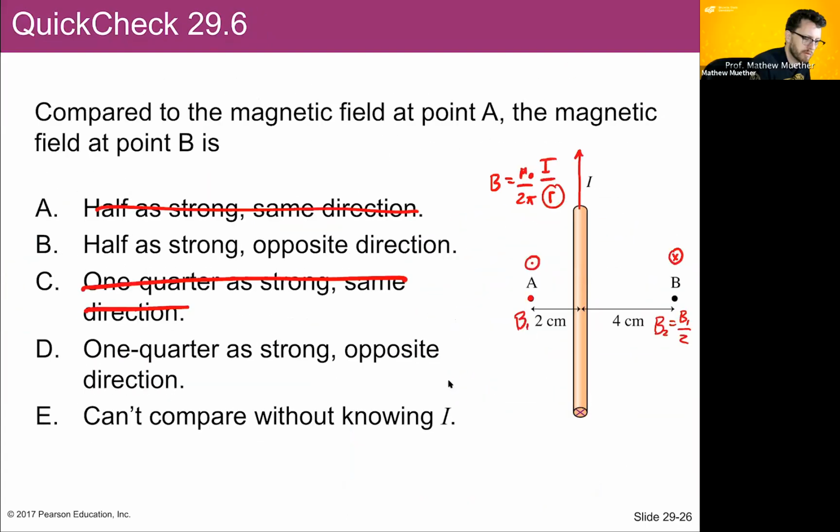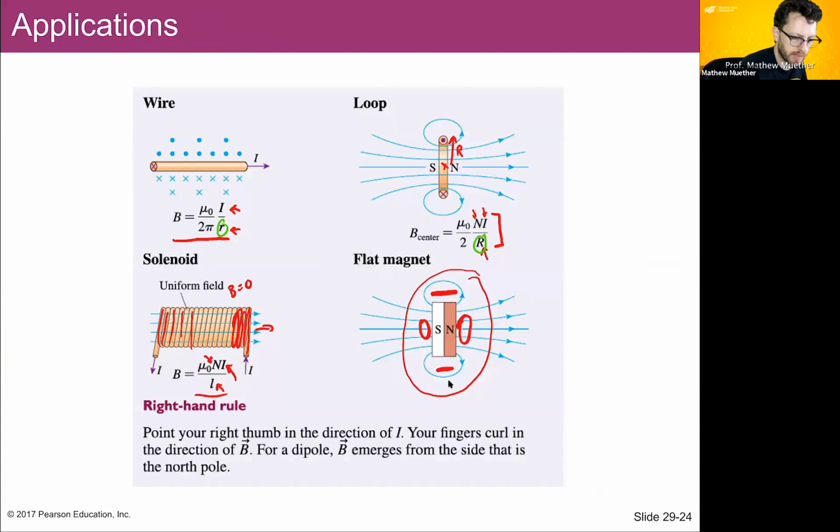Well, so there's two different things here, right? There's the formula for the loop, a single loop, which is what I think you're pointing to here. That's mu naught over 2 times the current divided by R. Now the solenoid, because I have multiple loops, they all contribute.